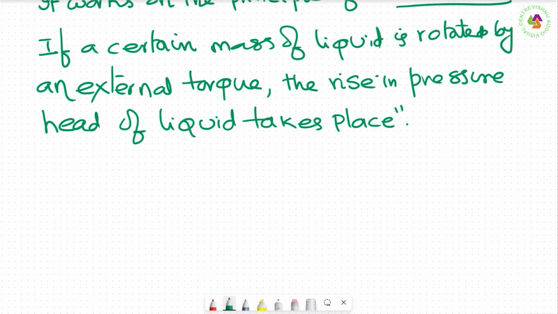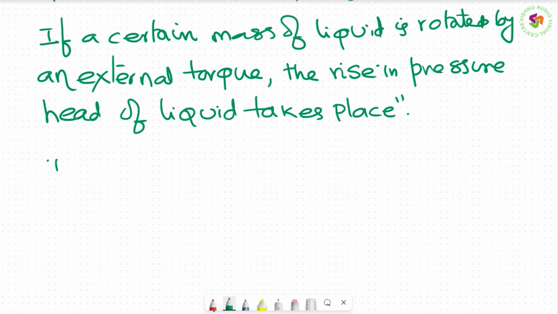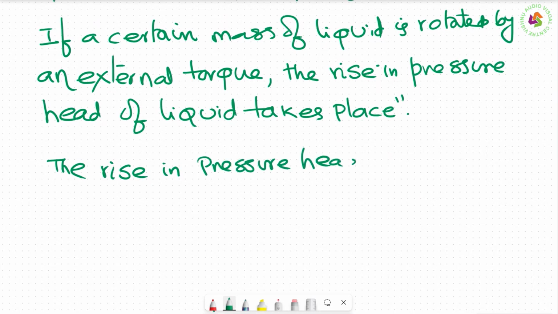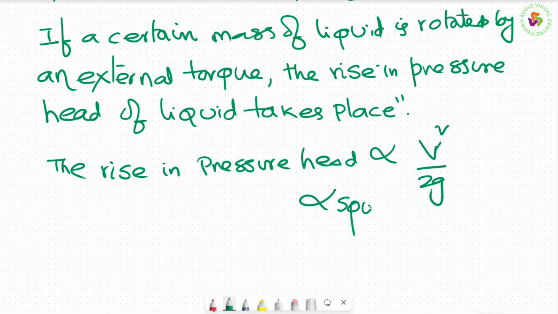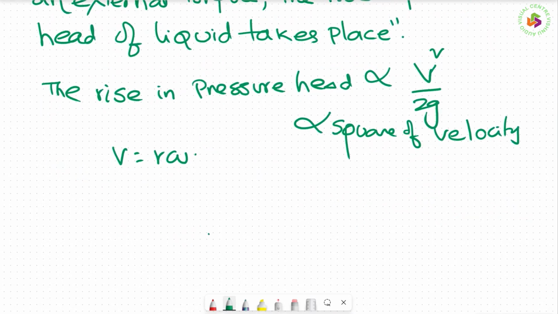This rise in pressure head is proportional to the square of the velocity. And this velocity is the tangential velocity of water, and V is equal to R omega.